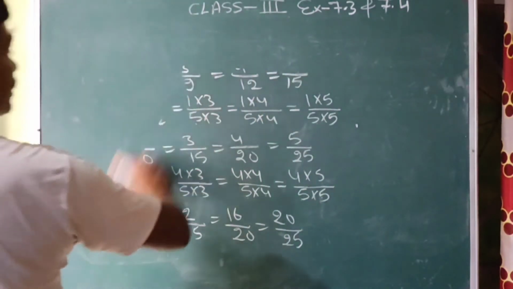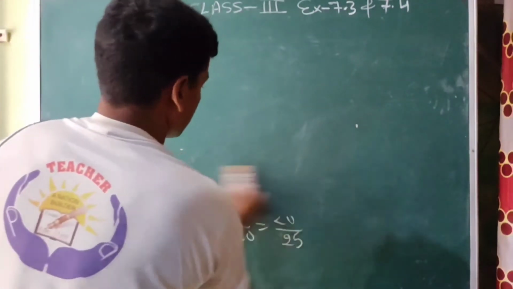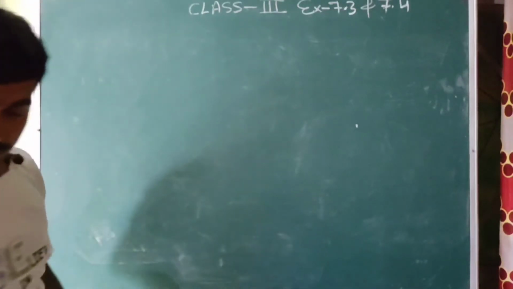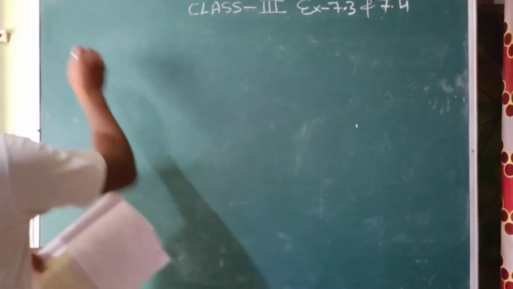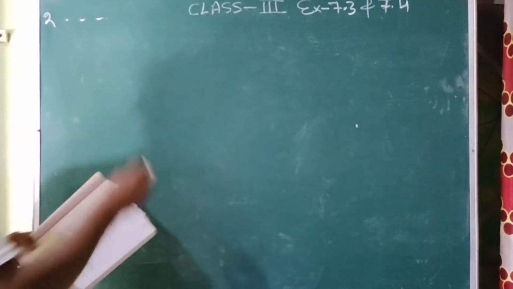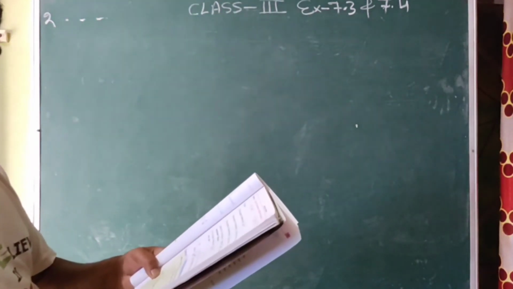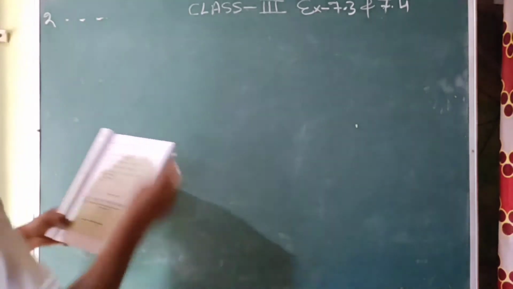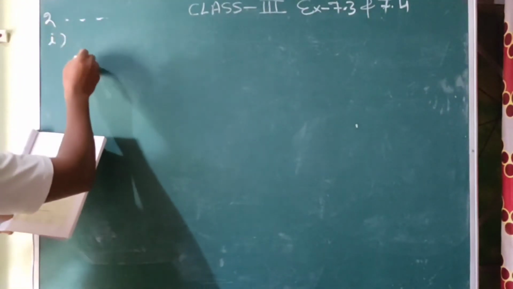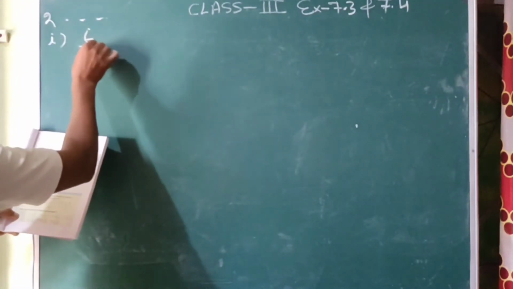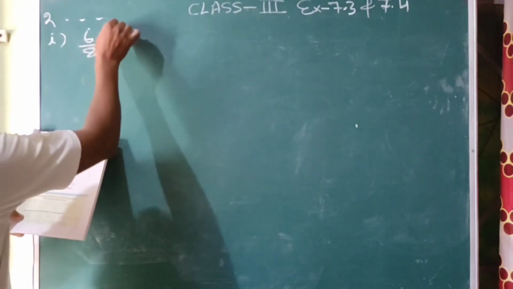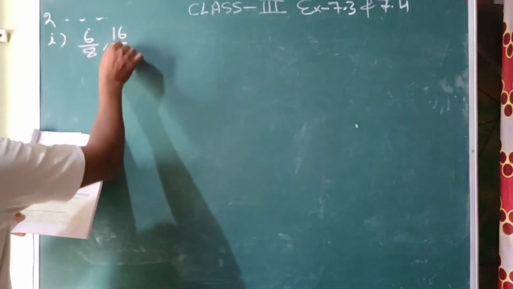And then the second question is also easy: which pair of fractional numbers are equivalent. The first part is 6 upon 8 and 16 upon 12.